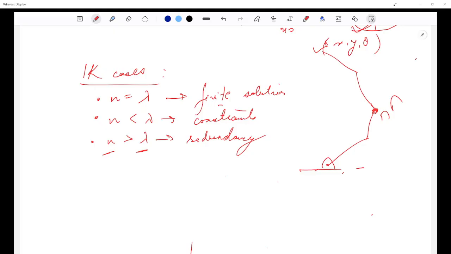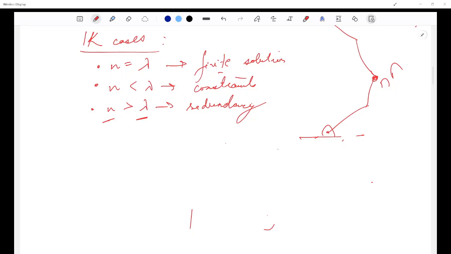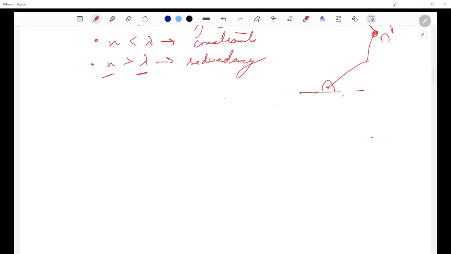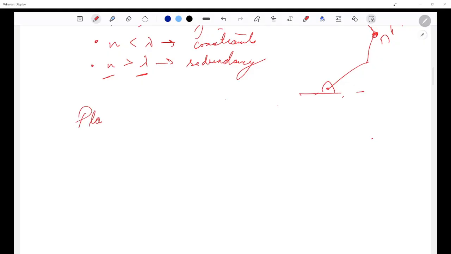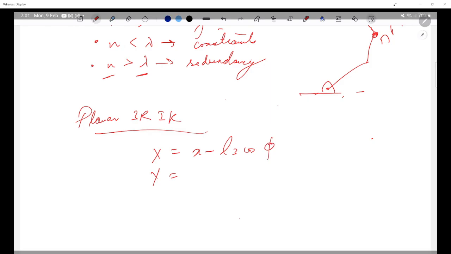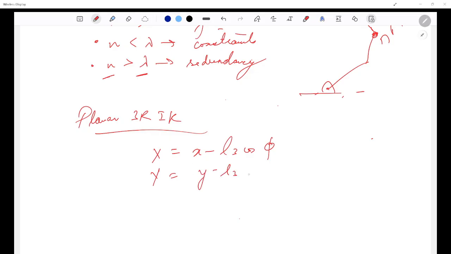So this was about inverse kinematics, and I'll not go into the details of this planar 3R inverse kinematics. That can be best understood from the lecture itself. But there, you might have seen, we take a variable x, we take a variable y, define it as x minus L3 cos phi, and y is y minus L3 sine phi.